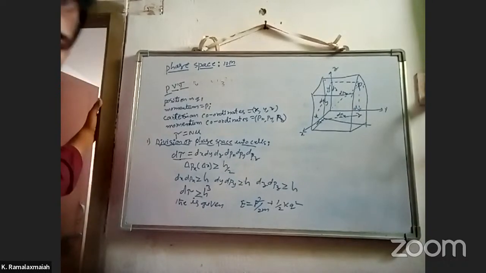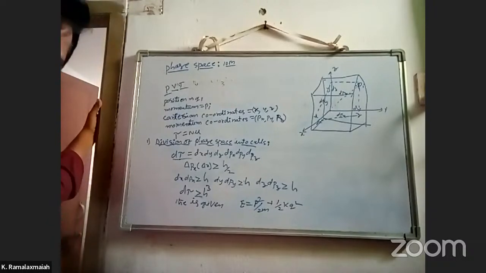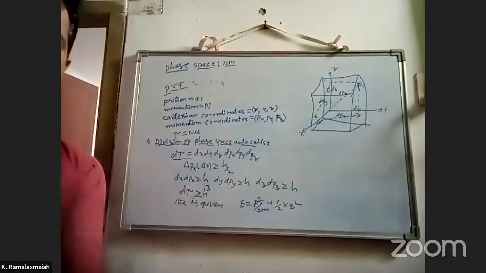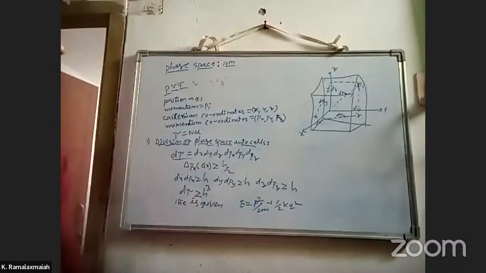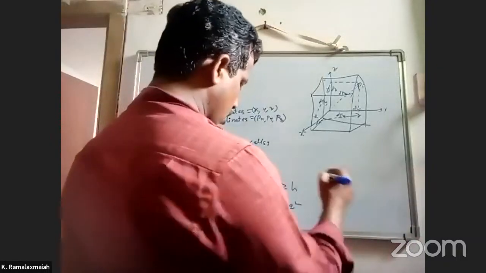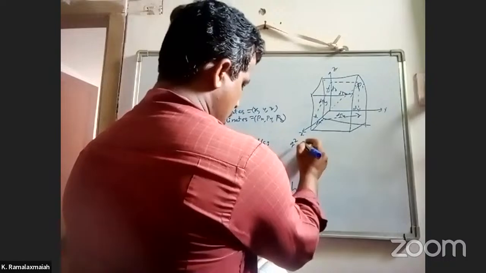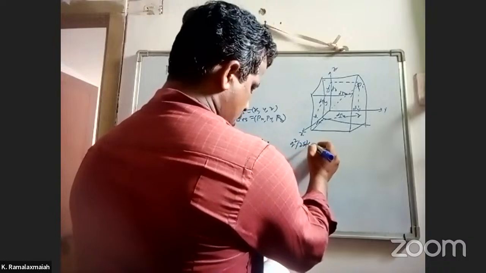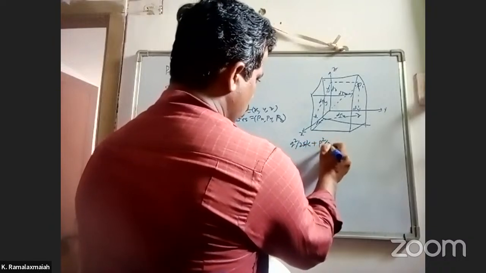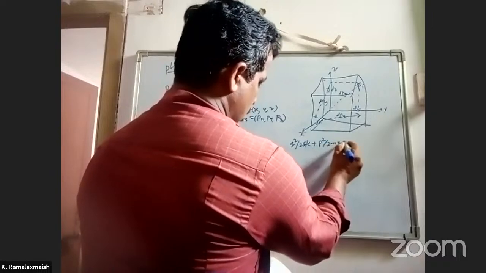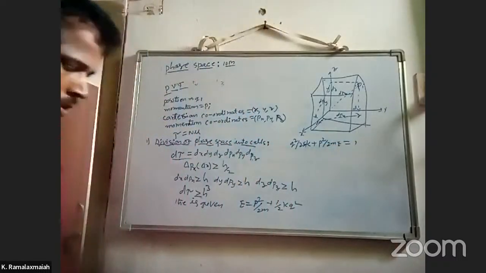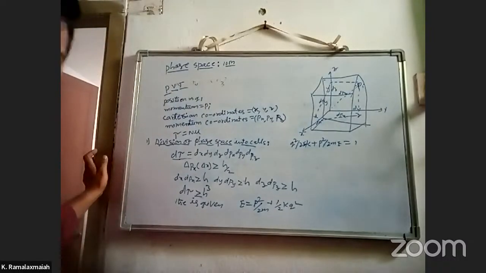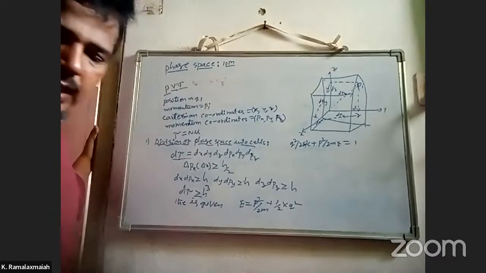Writing equation 1.1: q square by 2E by k plus p square by 2mE is equal to 1. This is the constant of energy, equation 2.